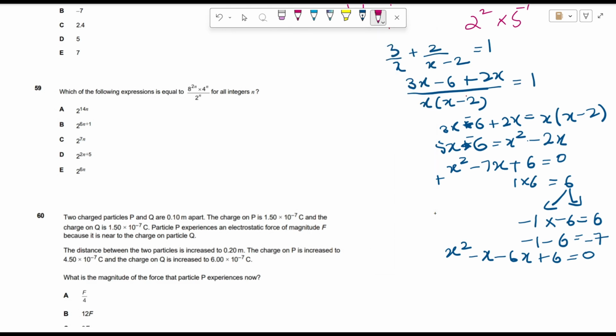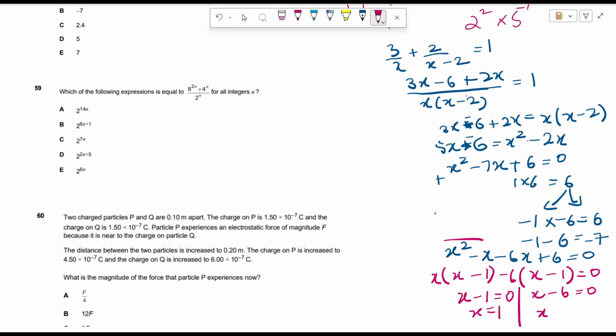From here, the common is x, so x minus 1. From here, the common is minus 6. So x minus 1 is common, equals 0, and x minus 6 is left. So x minus 6 equals 0. From here we got x equals 1, x equals 6.